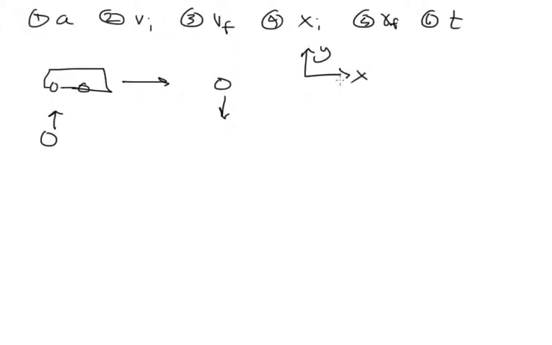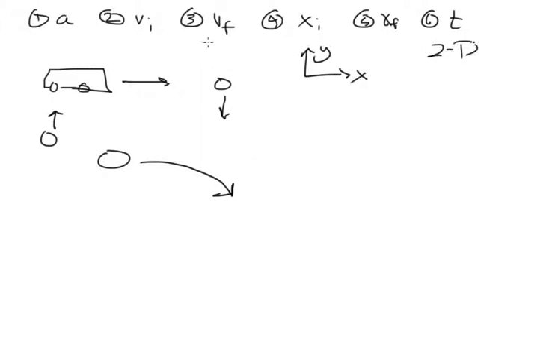When your object is moving in just one direction, in the x or in the y, that's kinematics in 1D. But what if my object is falling like this, going down and to the right? So that's in 2 dimensions.